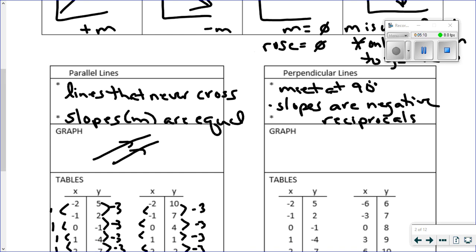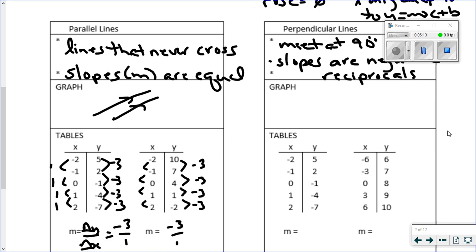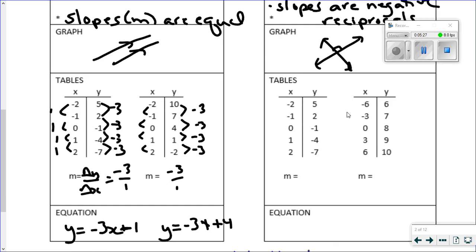And we will circle back to that when we get into the tables. For now, I just want you to know that it's a really big word with a whole lot of letters. So graphically, they cross at a 90-degree angle, and that's what that little square means, it's a 90-degree angle.